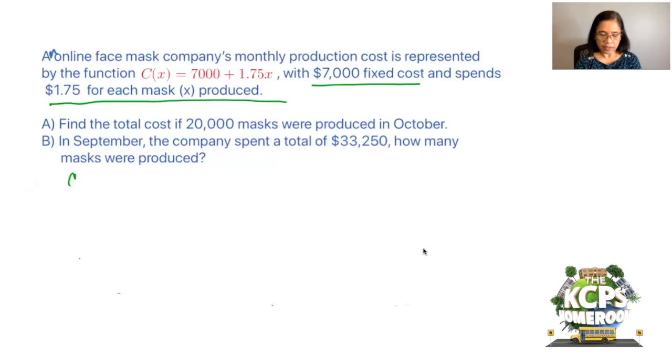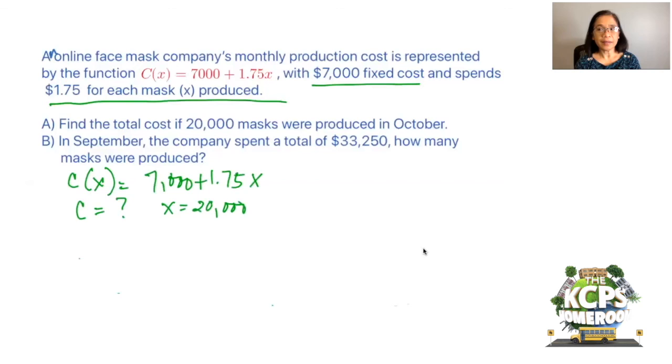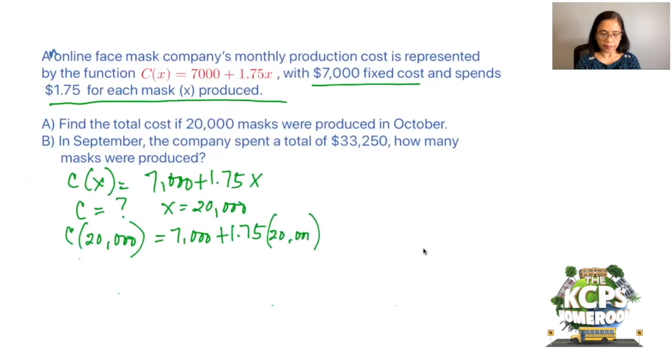Given C of x equals 7,000 plus 1.75x, what is the cost when x is 20,000? Using function notation, C of 20,000 is equal to 7,000 plus 1.75 times 20,000. Again, we substitute x with 20,000 here.